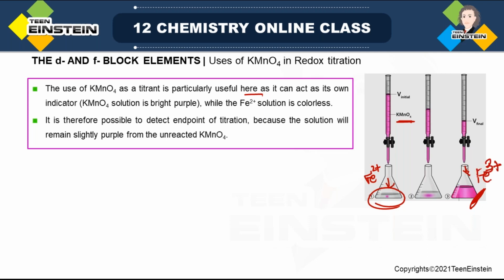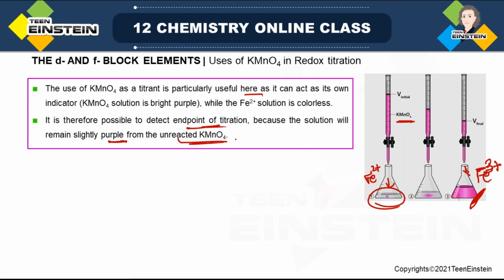If there is no Fe2+, obviously the KMnO4 that you are pouring from the burette remains KMnO4, because there is no reducing agent. So now you will be able to understand that the reaction is complete. It is possible to detect the endpoint of titration without using any indicator, because the solution will remain slightly purple, because unreacted KMnO4 is there.